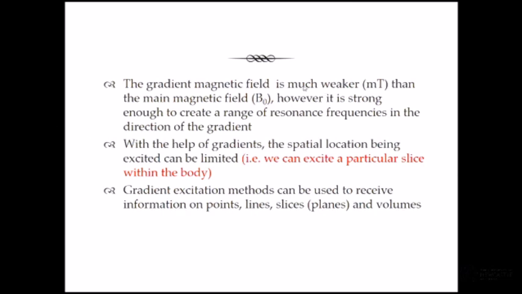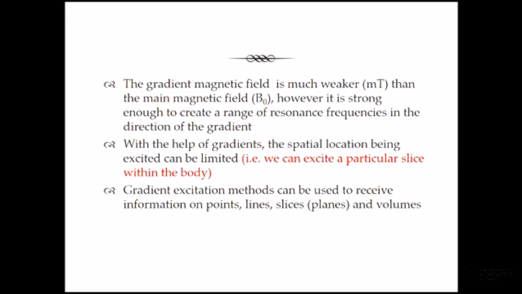So the gradient magnetic field is much weaker. When we talk about our MR scanner in terms of Tesla, 1.5 Tesla or 3 Tesla, those gradient fields are in milliteslas, so much weaker. However, it's strong enough to create a range of resonance frequencies in the direction of the gradient.